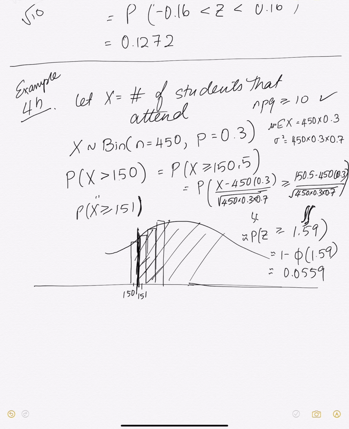In fact, the question could also be asked in this way: how many people should they admit? So find N. So what you have over here won't be 450.